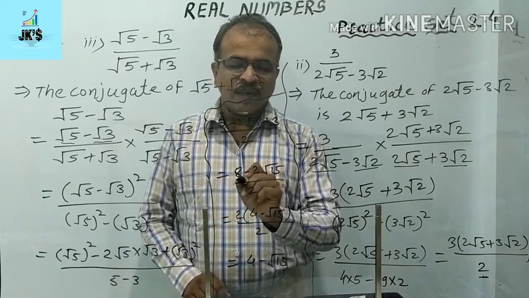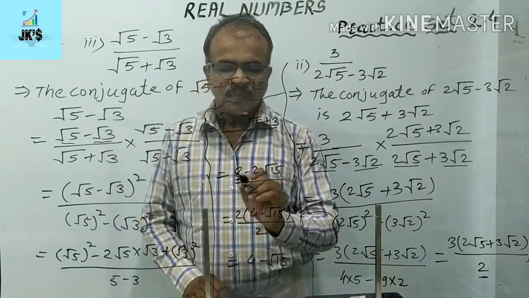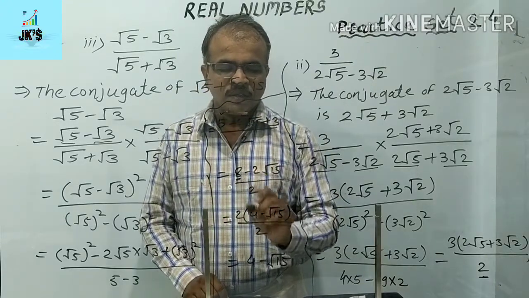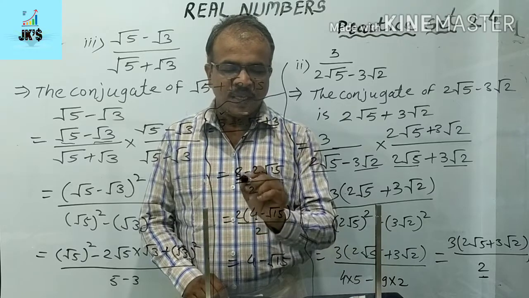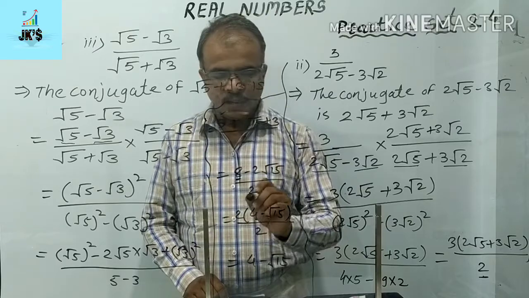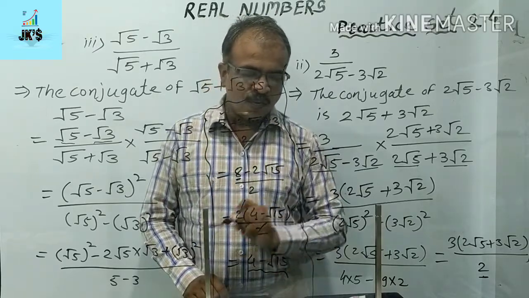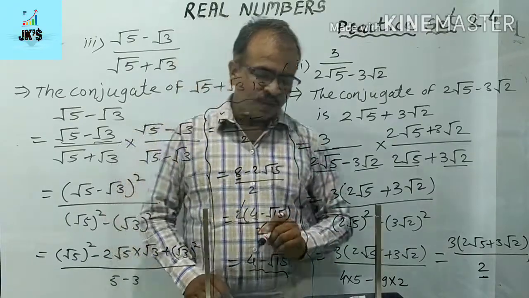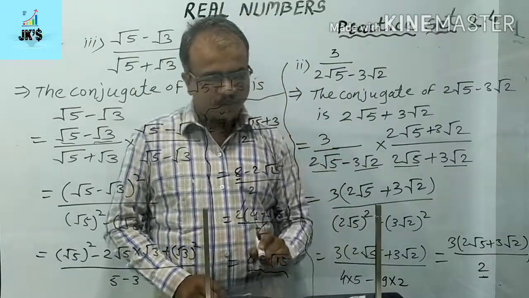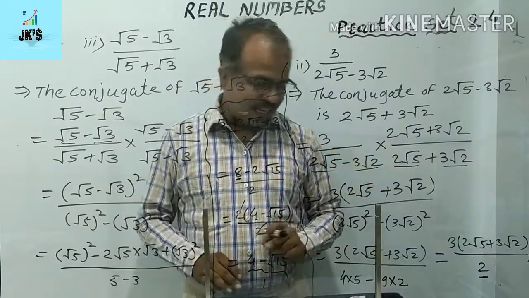We take 2 common at the numerator. Taking 2 common, 4 remains, 2 fours are 8, minus root 15, divided by 2. 2 divided by 2 is 1, so the answer is 4 minus root 15. The denominator is not written, meaning it is 1, and obviously it is rational.